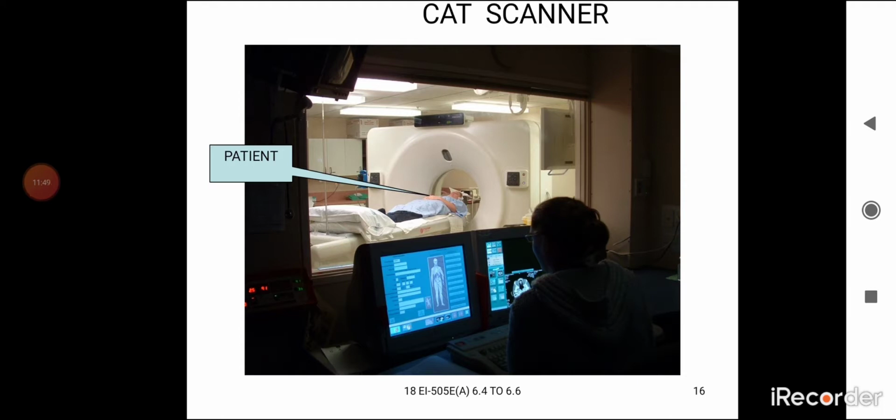In the CAT scanner the patient lies on the table, which moves inside the gantry to examine the organs or parts of the body or muscles, which is shown by the computer as a pictorial representation.